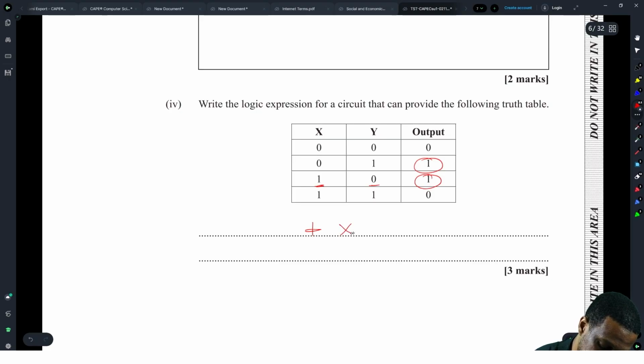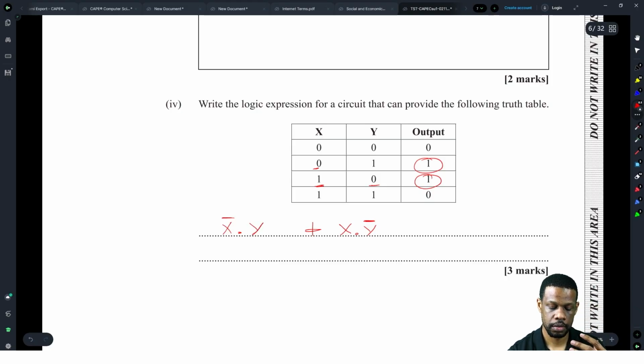So this is X and NOT Y on one side, and then the other side will be NOT X and normal Y. So it's NOT X and Y plus X NOT Y. Basically what you're trying to show there. Yeah, sum of products.